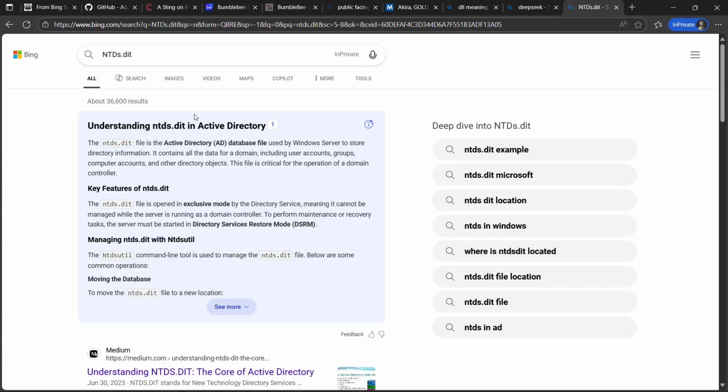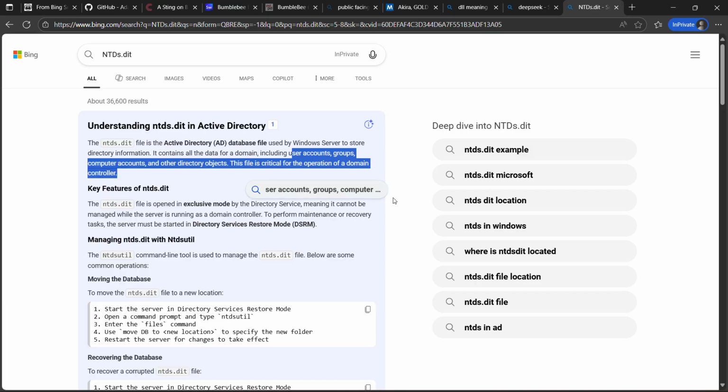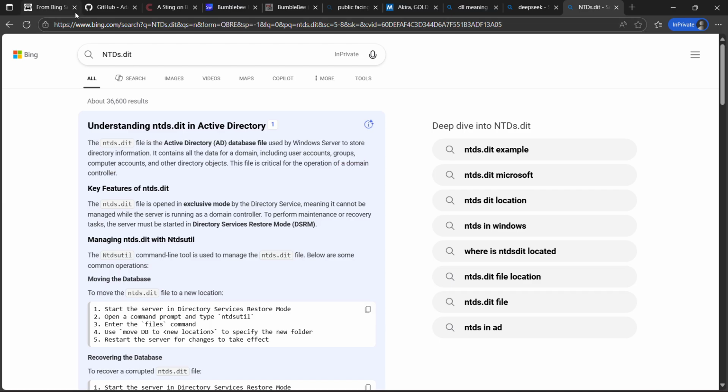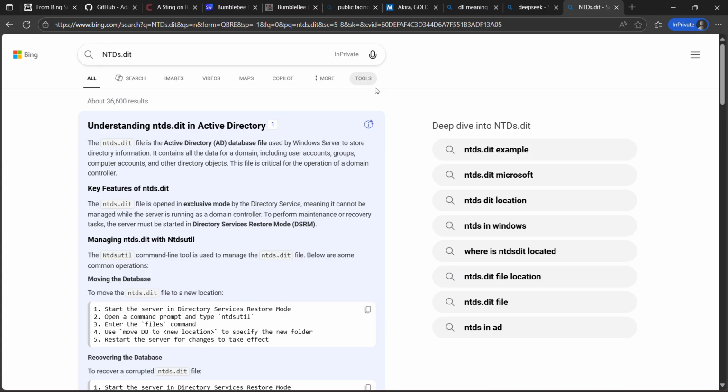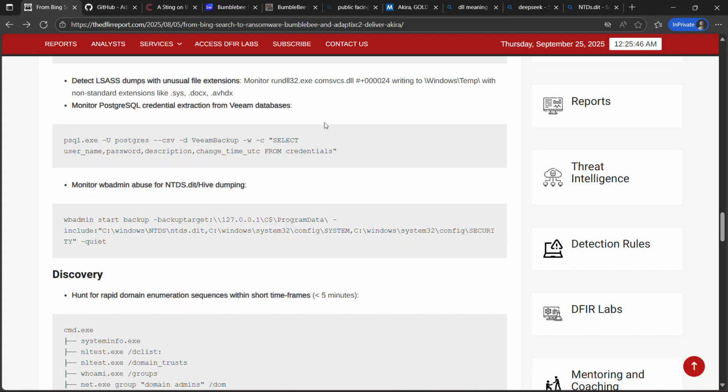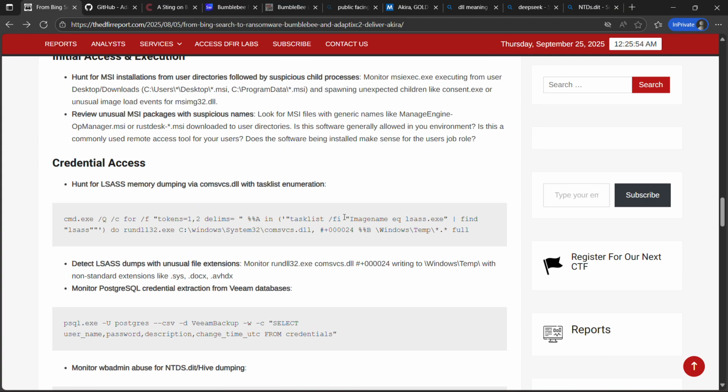It contains all the data for a domain, including user accounts, groups, computer accounts, and other directory objects. Okay. NTDS.dit. I'm going to remember that. That seems very important.